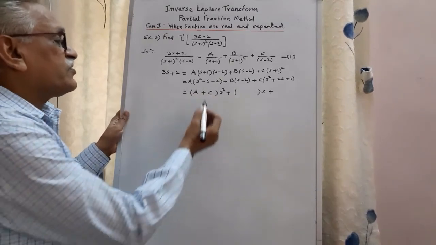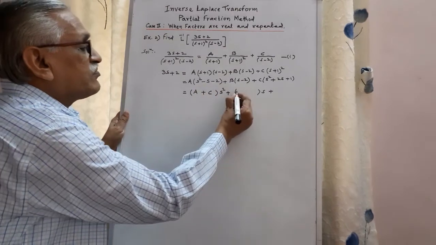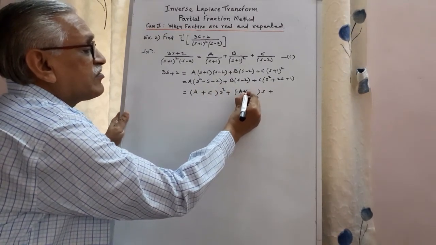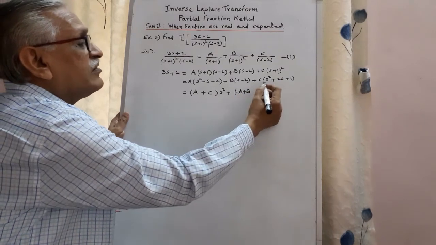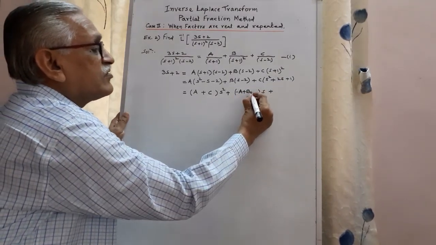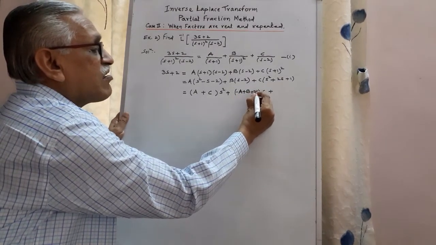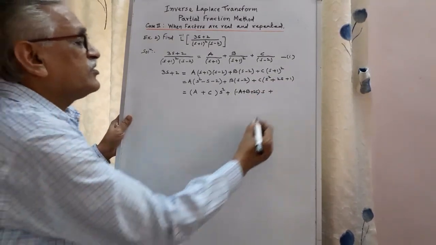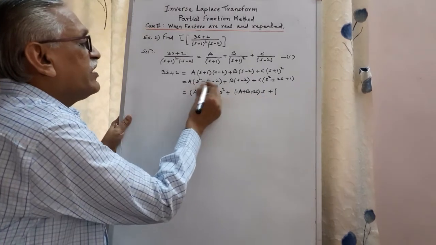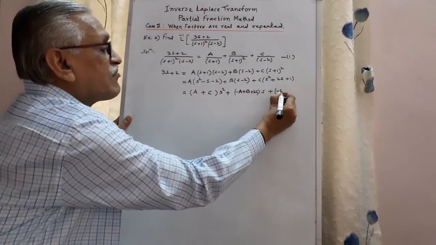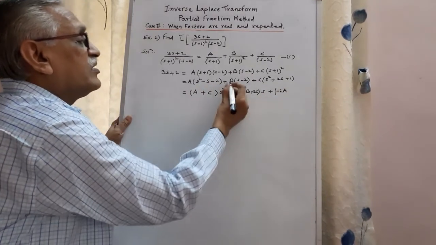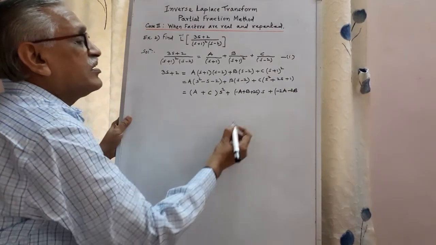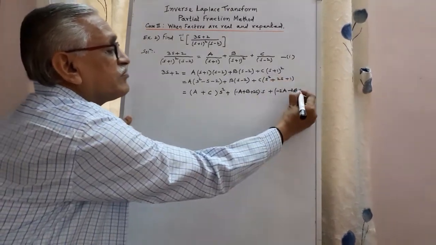Then the terms of s, here it is minus s plus bs and plus 2cs. Okay, and then the constant terms, that constant terms are here minus 2a, then minus 2b and plus c.